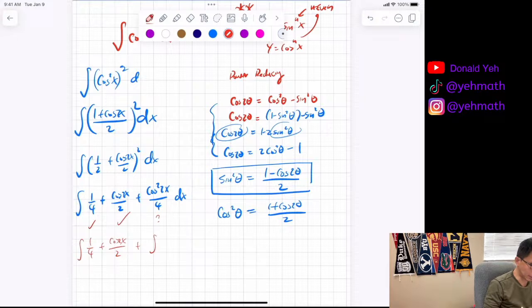What will be the double angle here? We can put 1/4 in the front and just worry about cosine square of 2x. I just want to convert the cosine square of 2x.